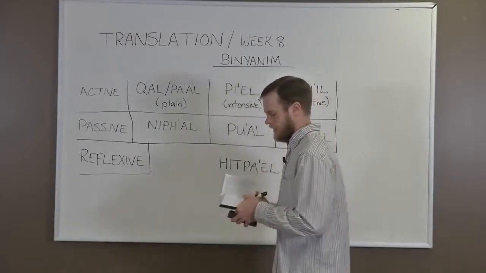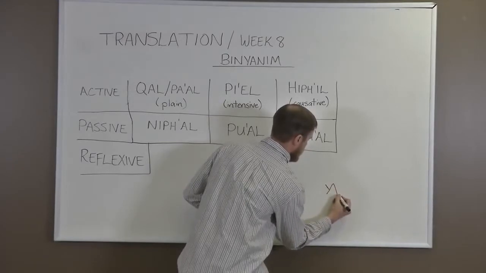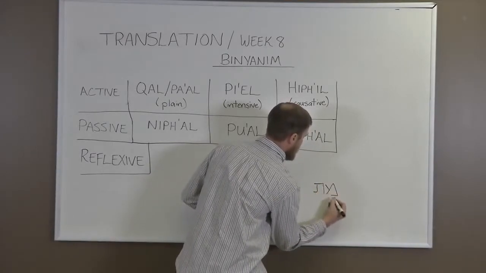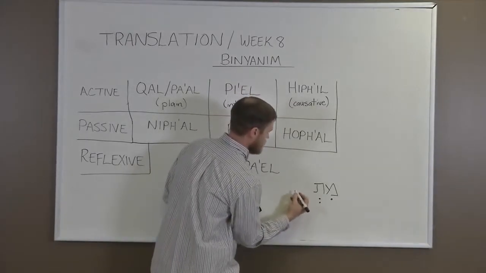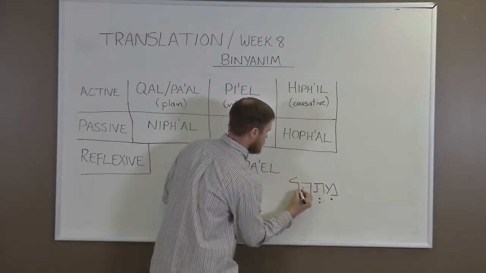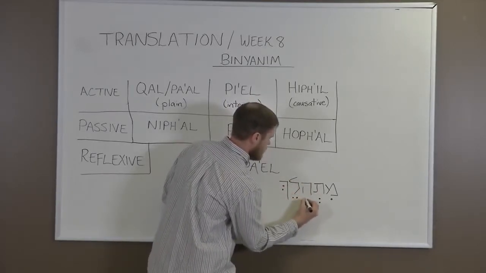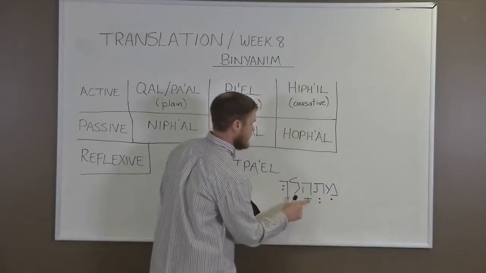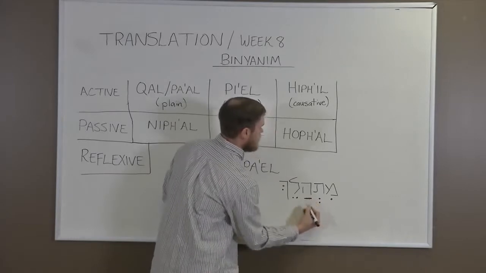Mithalech. Now, mithalech, this mem-tav prefix is actually the participle, the present tense form, which I don't have on the sheet, so don't be too confused. And that's actually patach.